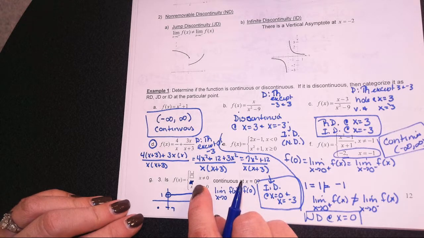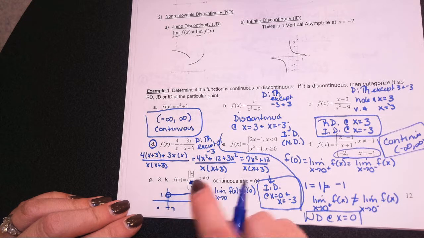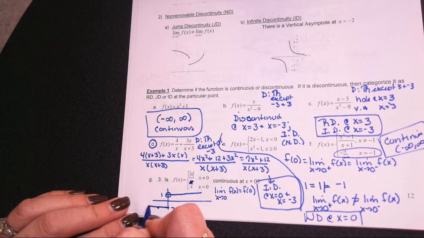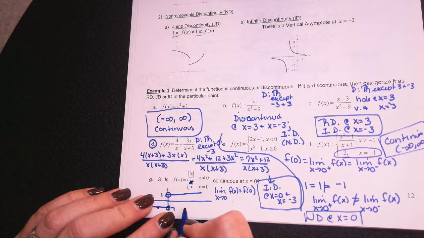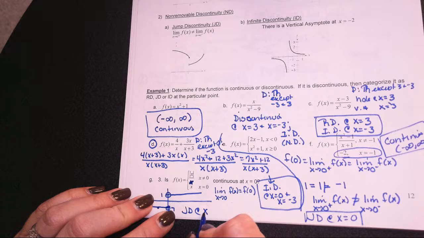What happens if I plug in -3? -1. What happens if I plug in -0.0000001? -1. Do I even have to go any further? No. Did I fail my continuity test? Yes. So what kind of discontinuity is happening at 0? Jump. So I have a jump discontinuity at x equals 0.